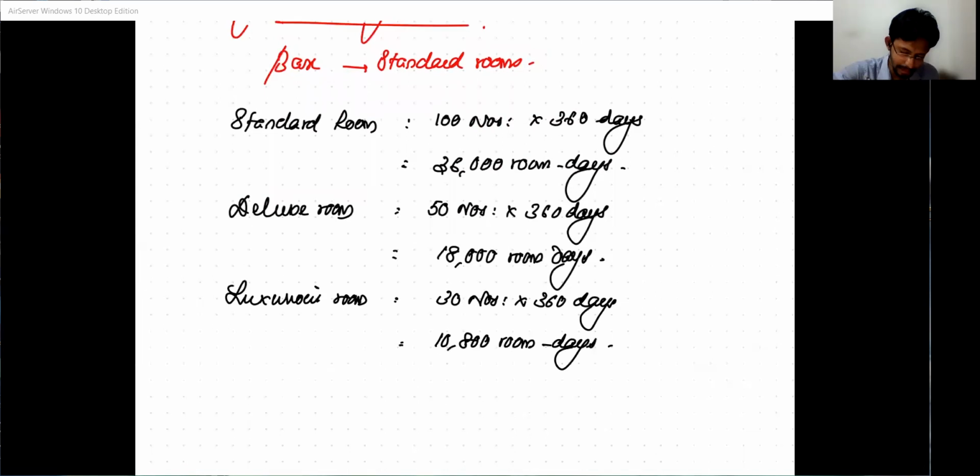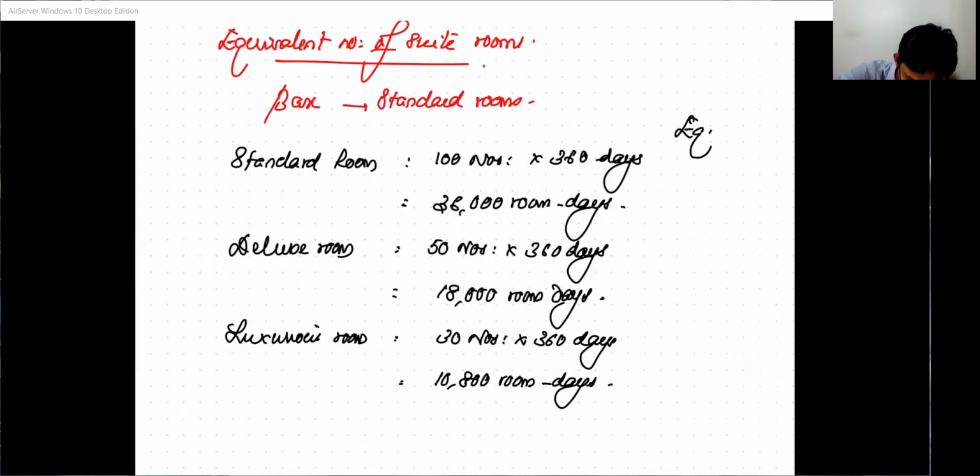Now, if you convert that into equivalent room days, the standard is taken to be the base.